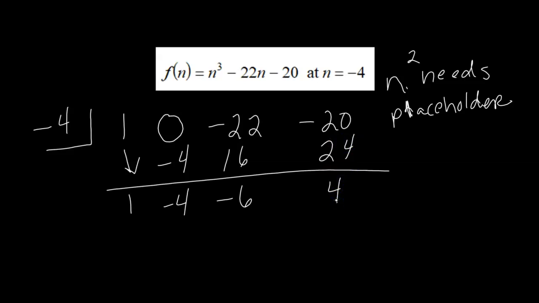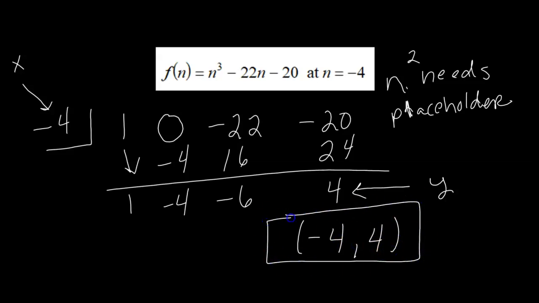The answer should be written as an ordered pair. This is your x, and this is your y. Once you get good at this, it actually goes quicker than the other type of substitution. And there's your ordered pair.